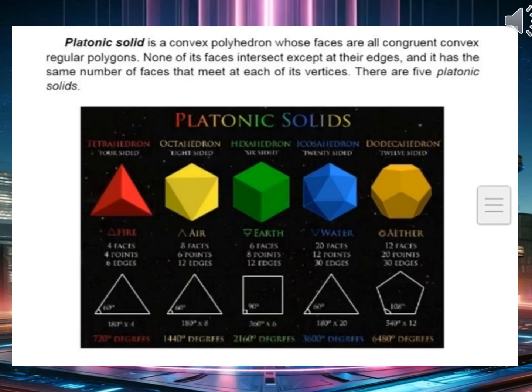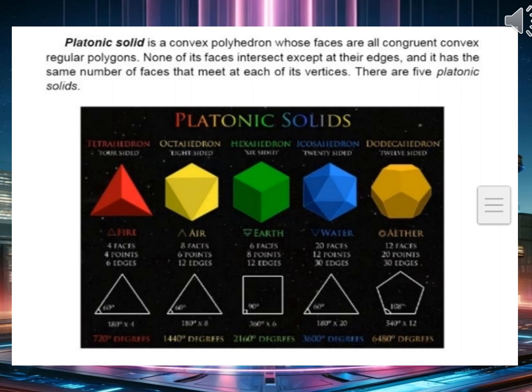A platonic solid is a convex polyhedron whose faces are all congruent convex regular polygons. None of these faces intersect except at their edges, and it has the same number of faces that meet each other at its vertices.